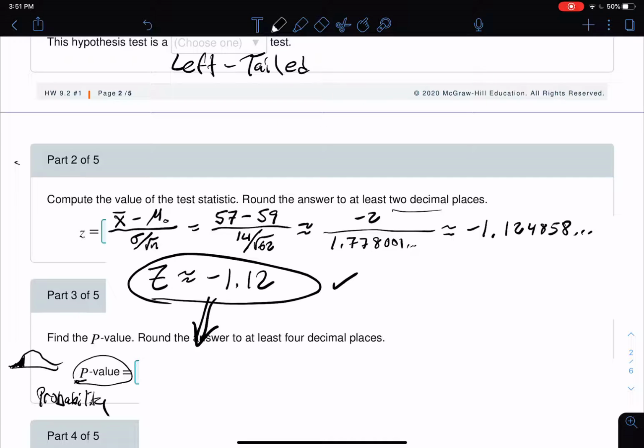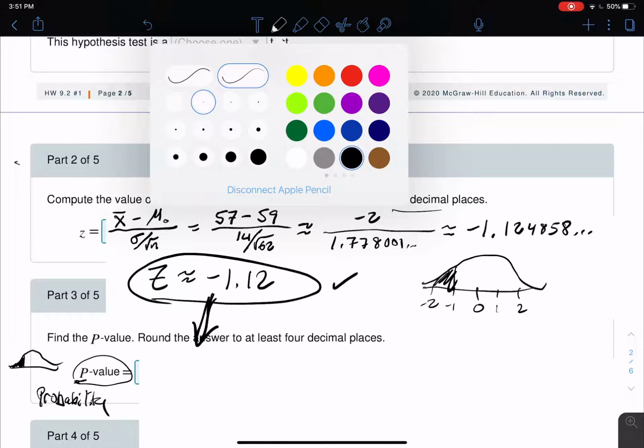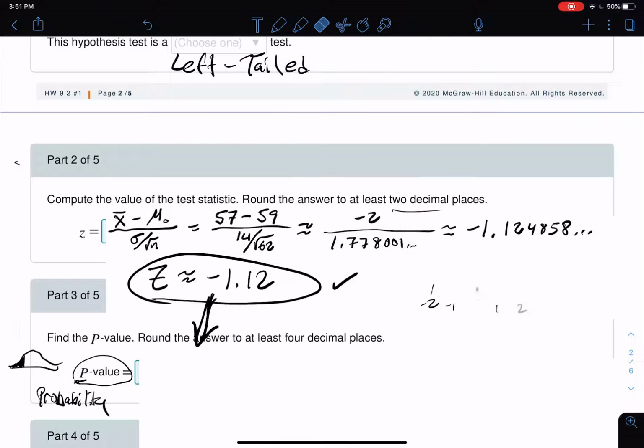I want you to try to make a good distinction between z-scores, which are basically the numbering system, and p-values, which are going to be the area. Try to have a distinction between those two things as we go ahead and build this model of what we're doing.